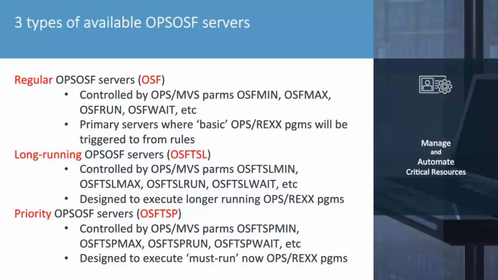Priority servers are controlled via the same type of Ops MVS parms, but begin with OSFTSP. Refer to the CA Ops MVS documentation for complete details on all parameters that regulate the quantity and availability of these types of servers within your Ops MVS configuration.